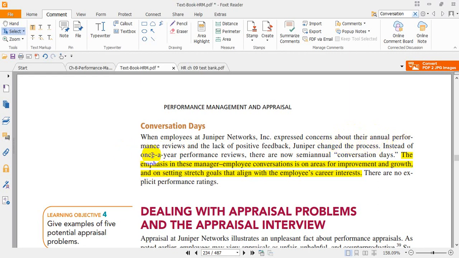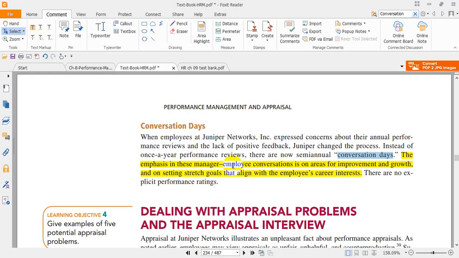Instead of once a year performance reviews, there are now semi-annual conversation days. The emphasis in these manager-employee conversations is on areas for improvement and growth, and on setting stretch goals that align with the employee's career interest.